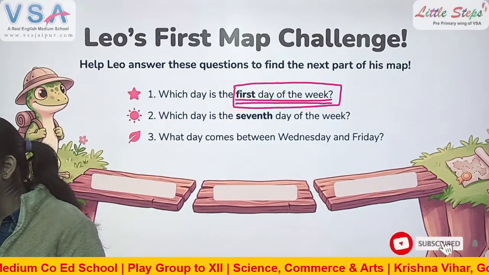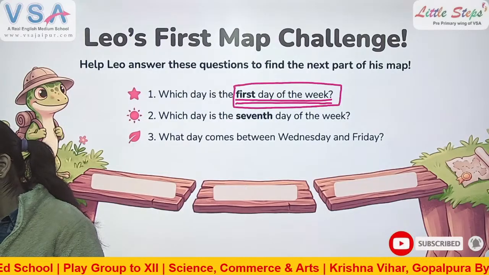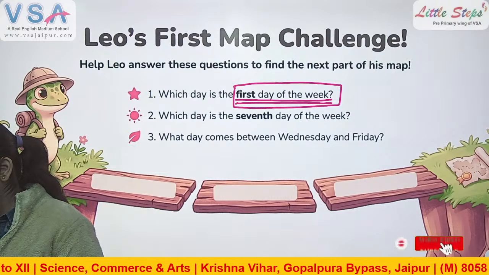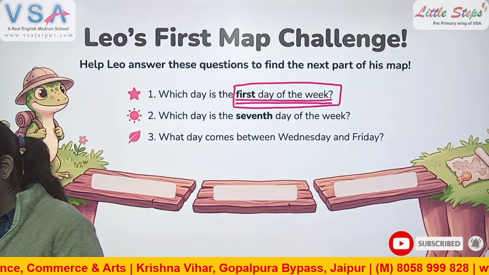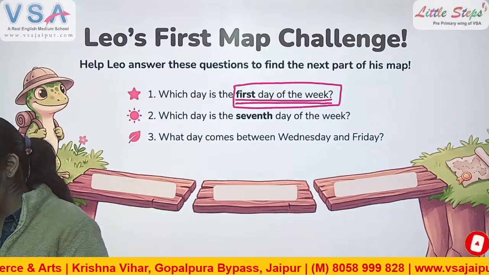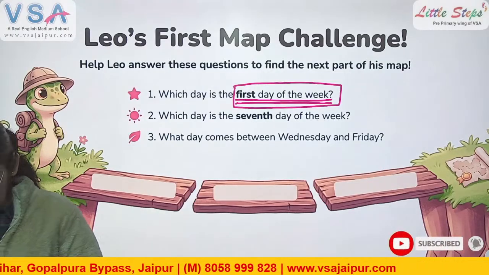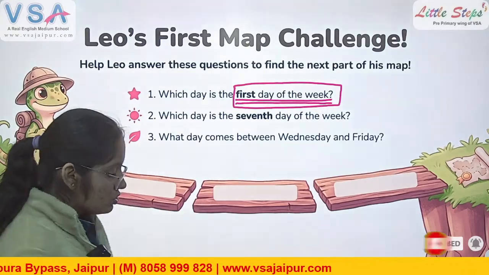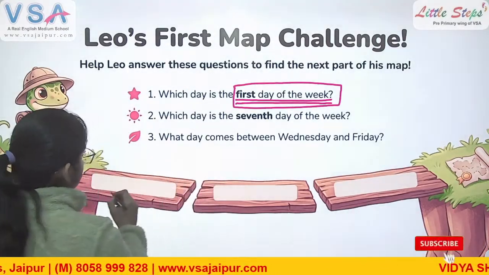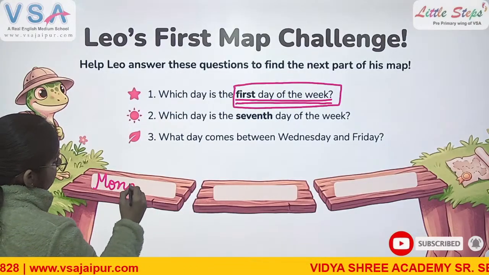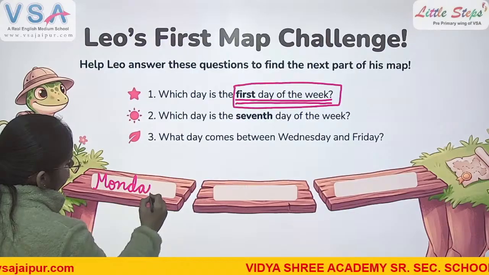Which day is the first day of the week? The first day of the week is Monday. Very nice. So the first day of the week is Monday. Monday is the answer.